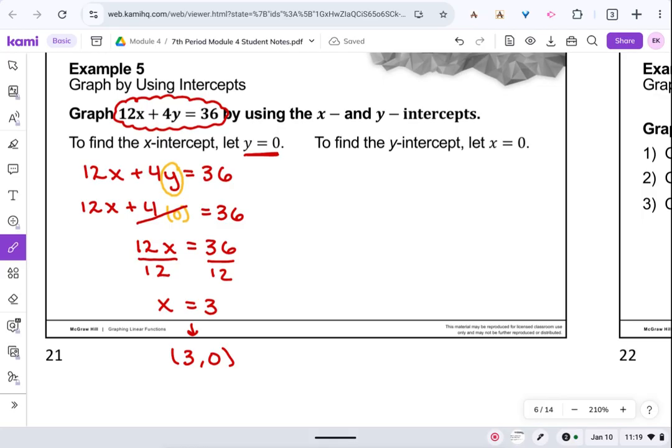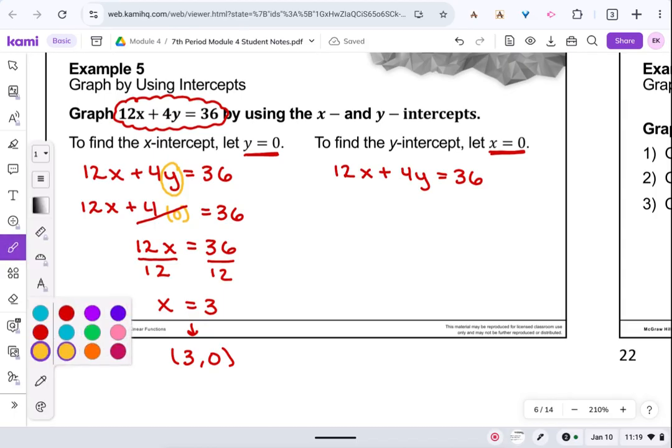Now we're going to do the same exact thing, but let x equal 0 this time. So again, rewrite our equation, 12x plus 4y equals 36. Now we're going to take out the x and make that a 0. Bring the 12 down in front.